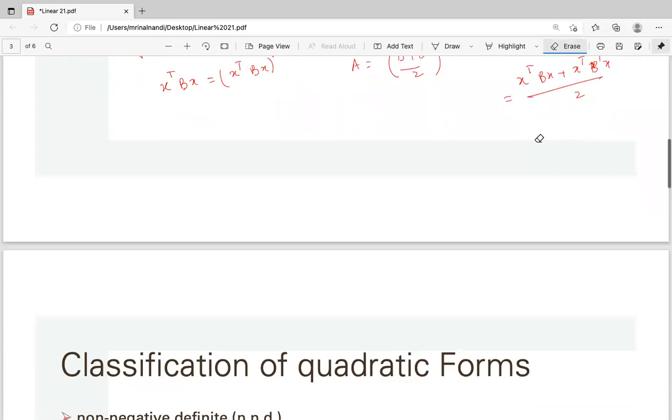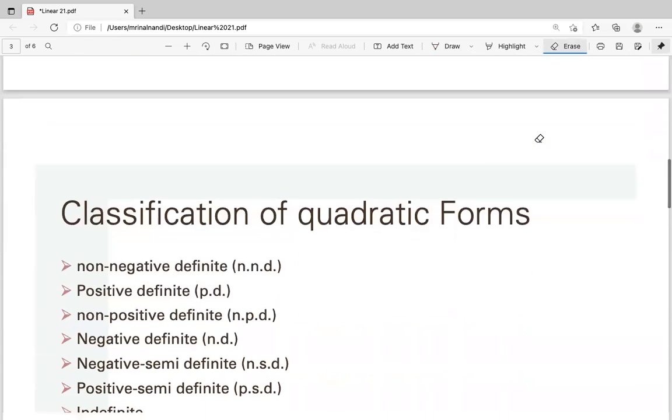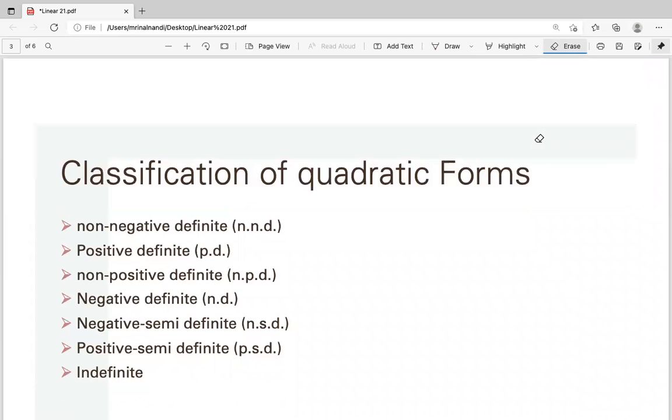So we will always take that symmetric matrix. There are two advantages: it is unique, and that symmetric matrix has all eigenvalues real, and such properties are there. So now we have to classify all these quadratic forms with respect to the corresponding symmetric matrix.